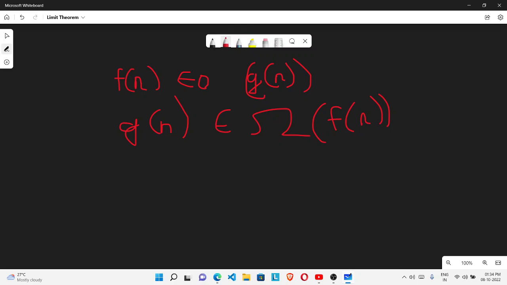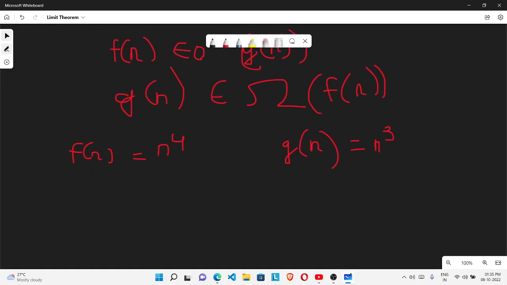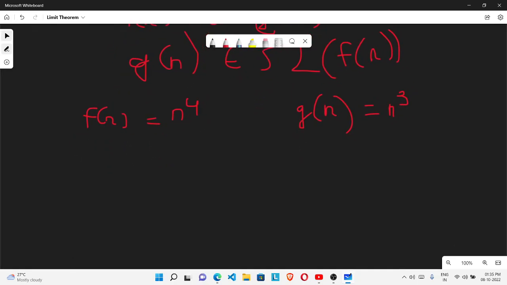All right. So what limit theorem tells us is, let's say we have two functions, f of n is equal to n^4, and g of n is equal to n cube. Two polynomial functions.